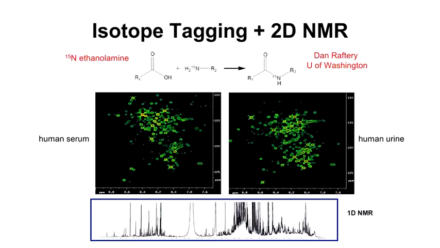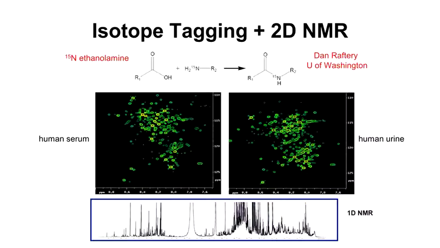Below that is the 1D spectrum of a urine. With the human urine example, maybe there are 75 peaks. Most of them can be identified, recognized, and pinpointed. Whereas with the 1D NMR spectrum, you're dealing with 2,000 or 3,000 peaks, which are pretty hard to identify.